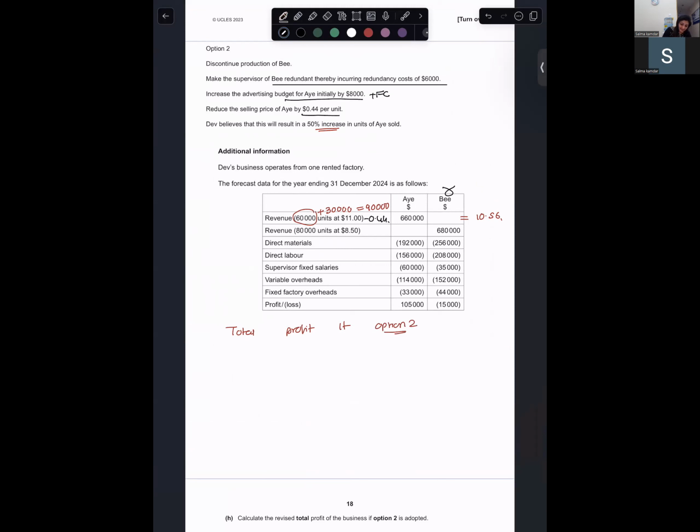Let's see the total profit. My selling price would be 10.56 minus the variable costs.